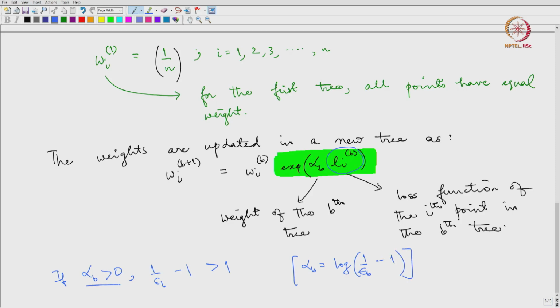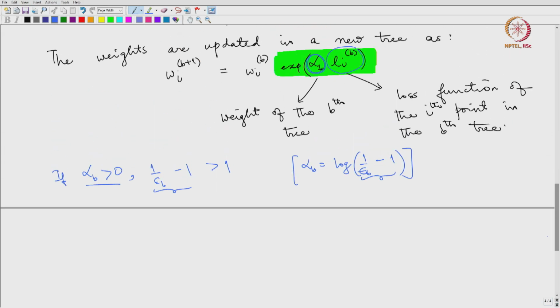So, if alpha b has to be greater than 0, then you need 1 over epsilon b minus 1 to be greater than 1, because alpha b is log of this quantity, and a log of a quantity can be greater than 0 only if the quantity itself is greater than 1. So, for alpha b greater than 0, this means that 1 over epsilon b should be greater than 2, which means that your epsilon b should be less than half. Okay. So, if epsilon b is less than half, your alpha b is positive.